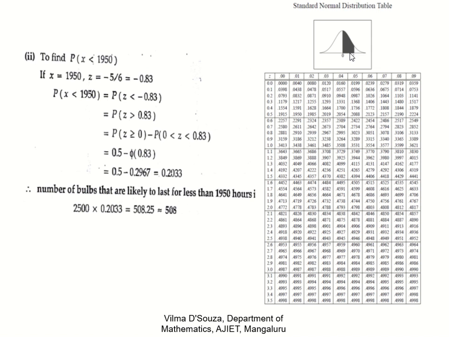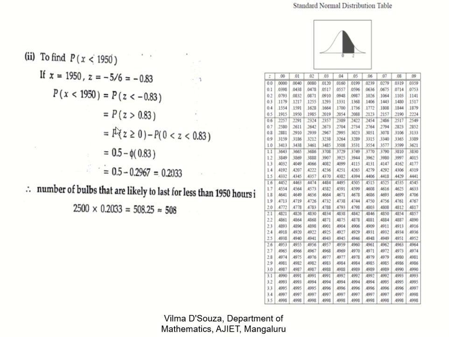Which is nothing but the area from 0 to infinity minus the area from 0 to 0.83. So this area is P of z greater than 0.83, which is P of z greater than 0 minus P of z varying from 0 to 0.83.